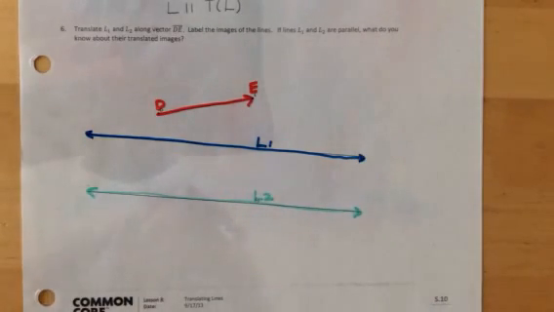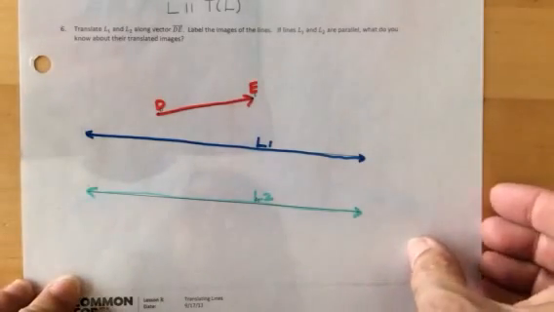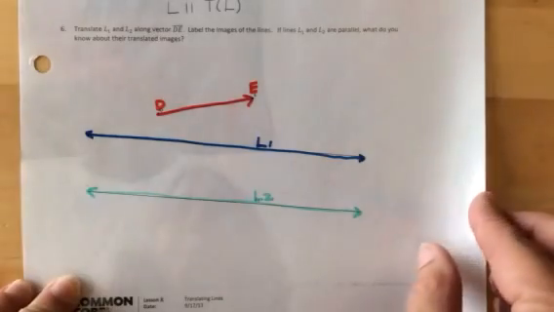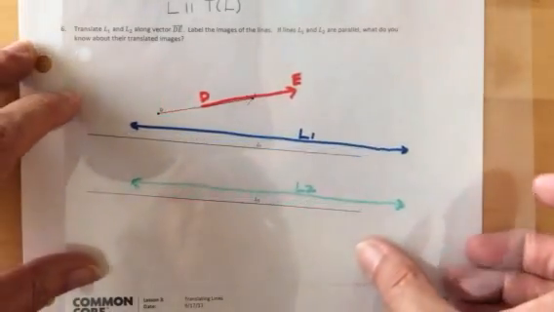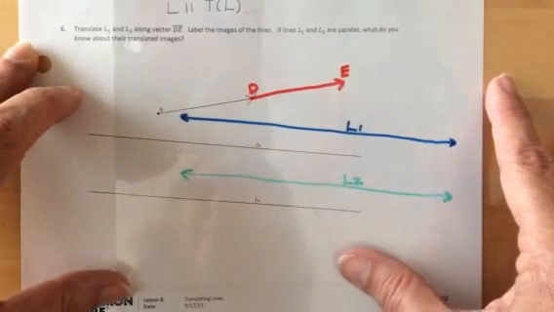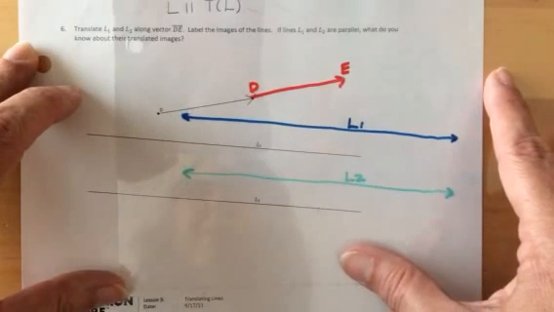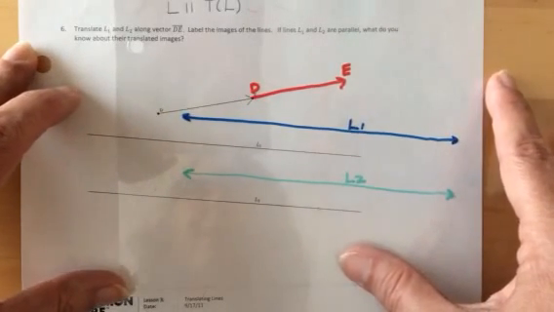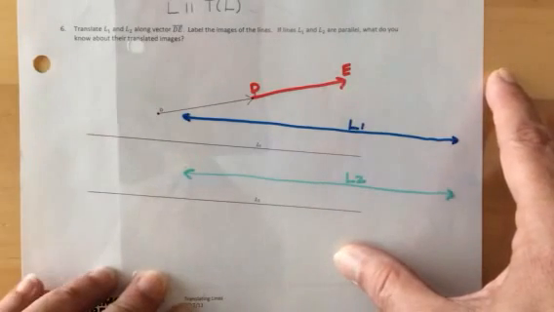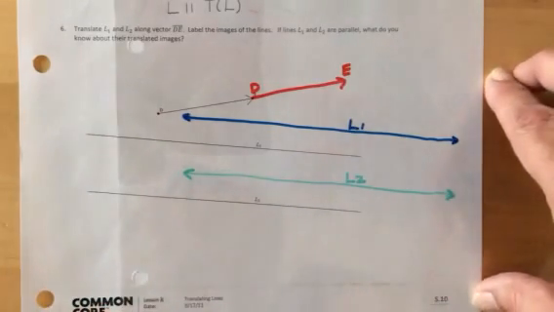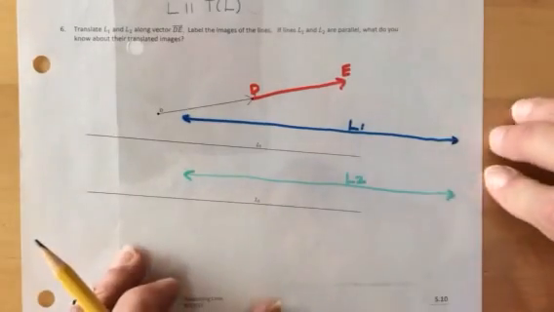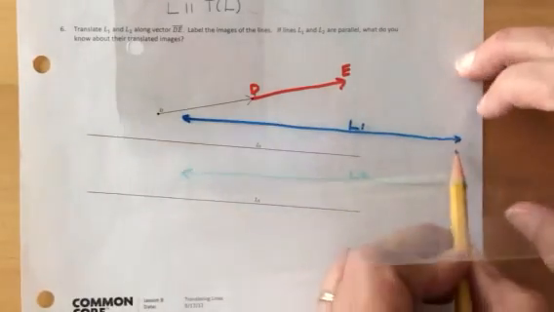Okay, so we're asked to translate both of these images along DE. So we can do this in one movement. So I'm going to slide D so that it coincides with E. And I'm going to try to make sure I did it along that line. Okay, so there are my images. So I'm just going to lift up my overhead and trace them.